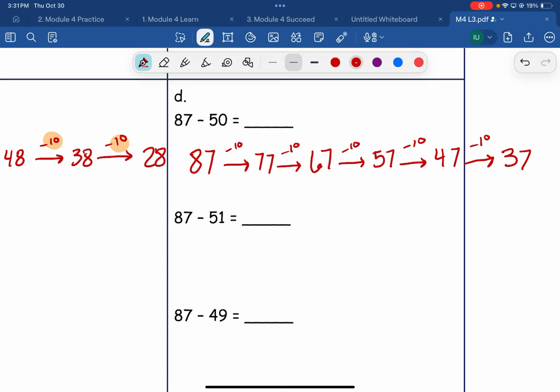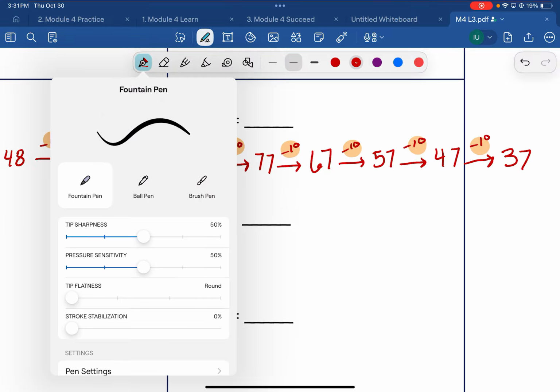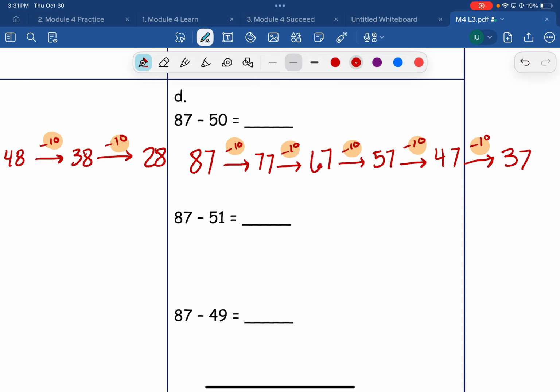Okay, so we took away 5 tens. 10, 20, 30, 40, 50. Okay, so we took away 5 tens, so our answer would be 37.